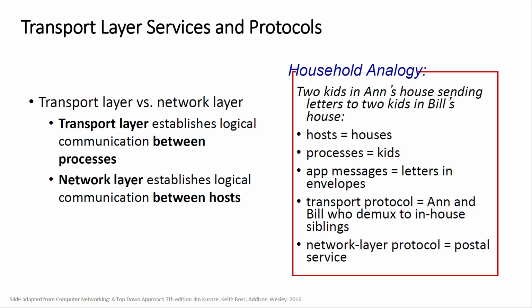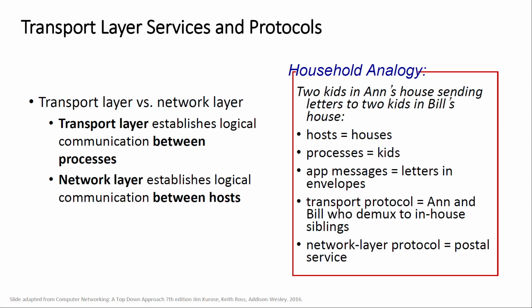In our book there's an analogy to show the difference between the transport layer and the network layer, an analogy between a house and these layers. The transport layer establishes logical communication between processes, and the network layer establishes logical communication between hosts.